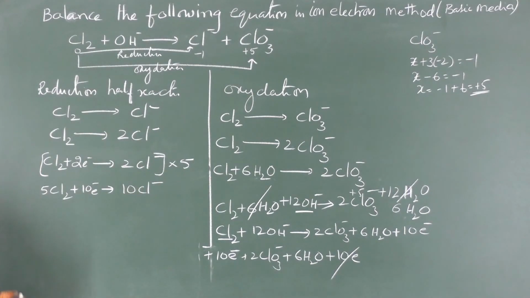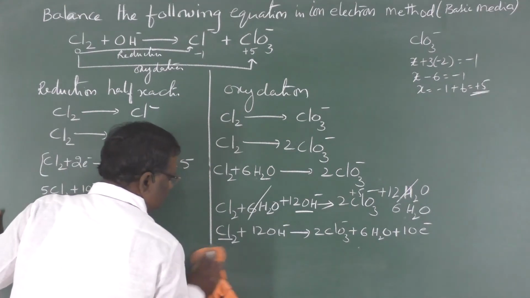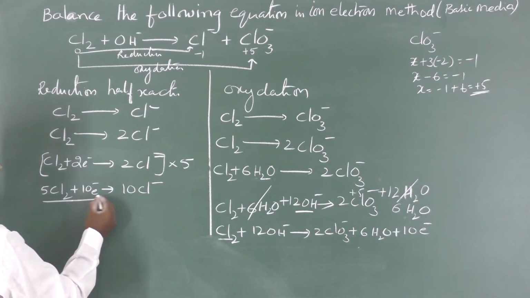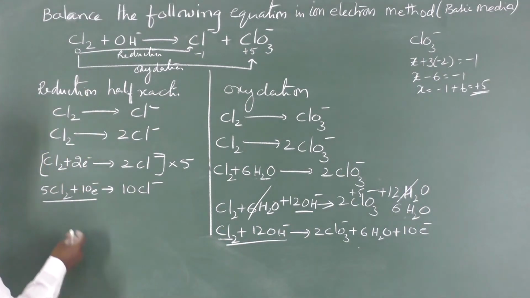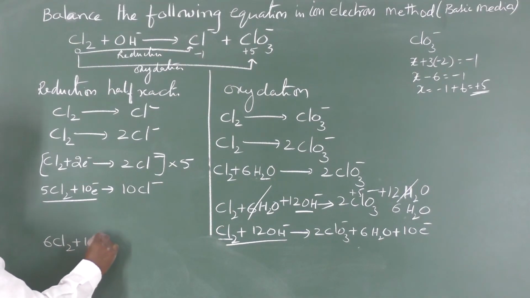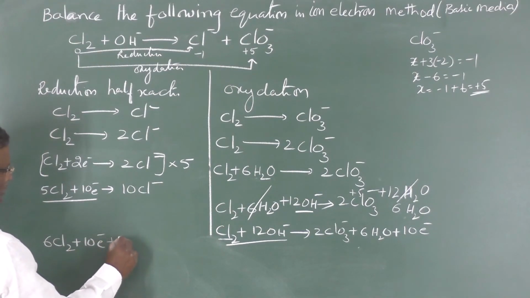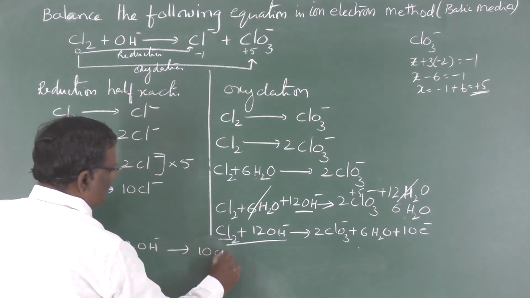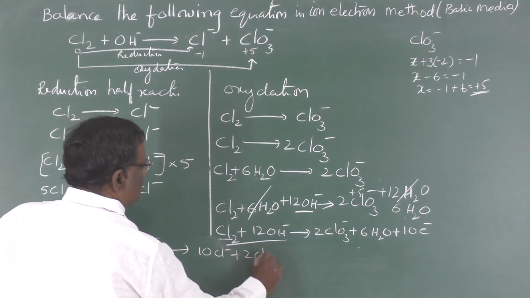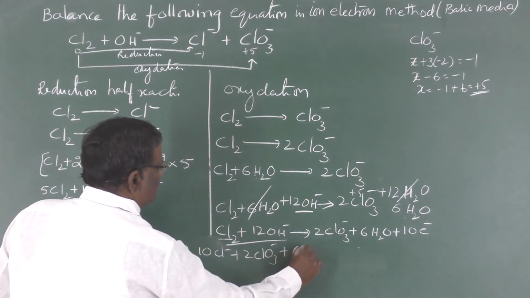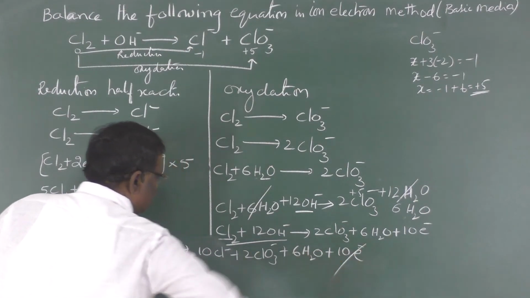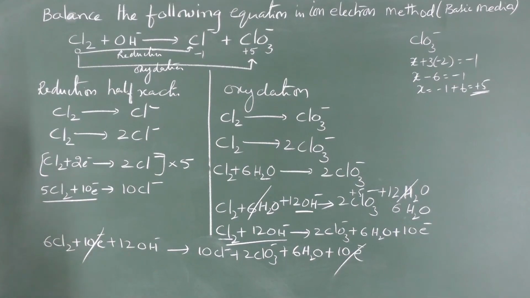Now adding the 2 equations. So 5 Cl2 this side, 6 Cl2 plus 10 e minus plus 12 OH minus gives 10 Cl minus plus 2ClO3 minus plus 6H2O plus 10 e minus. 10 e minus and 10 e minus are cancelled.